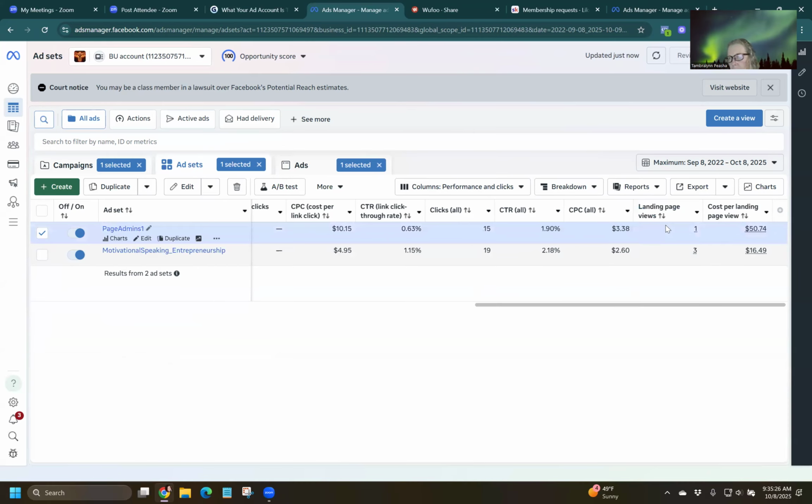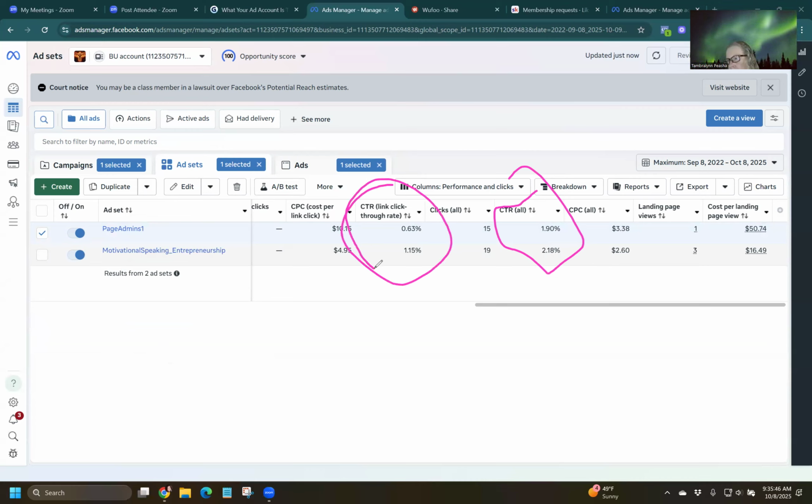I like the CTR all to be about 2% or greater. This is a highly competitive market, so I'm good with that. And then I want my link click through rate to be at least 1%.